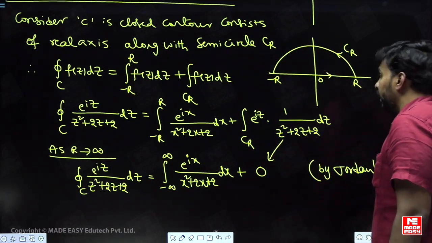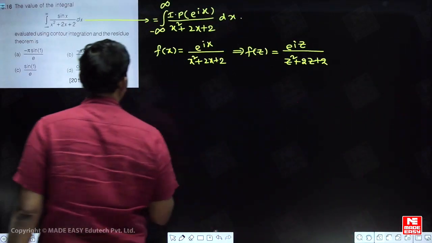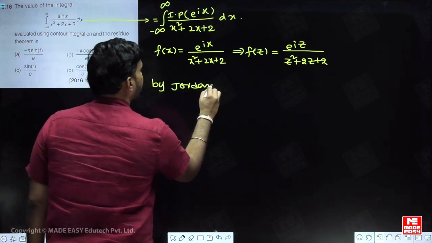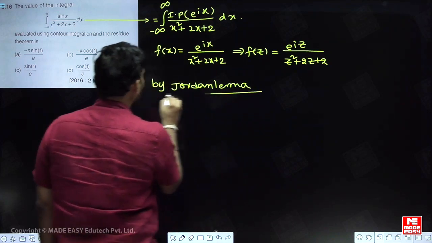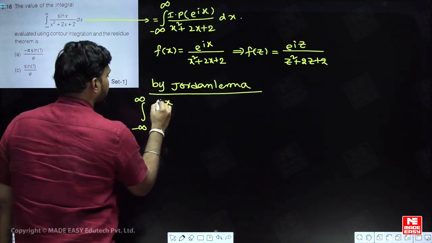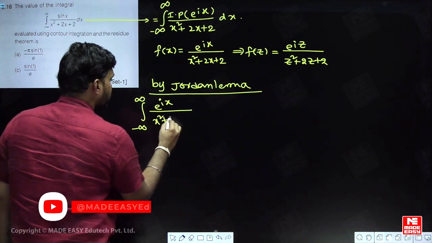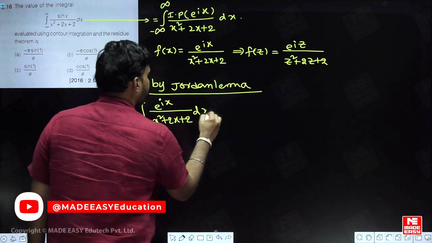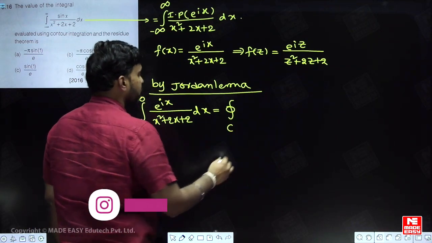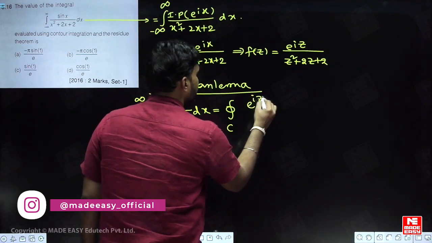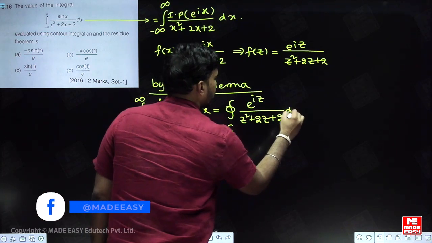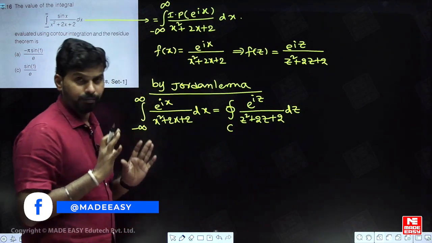So I can say here, by Jordan's lemma, that the integral from minus infinity to infinity of e^(ix) / (x^2 + 2x + 2) dx is also equal to the integral over C of e^(iz) / (z^2 + 2z + 2) dz.